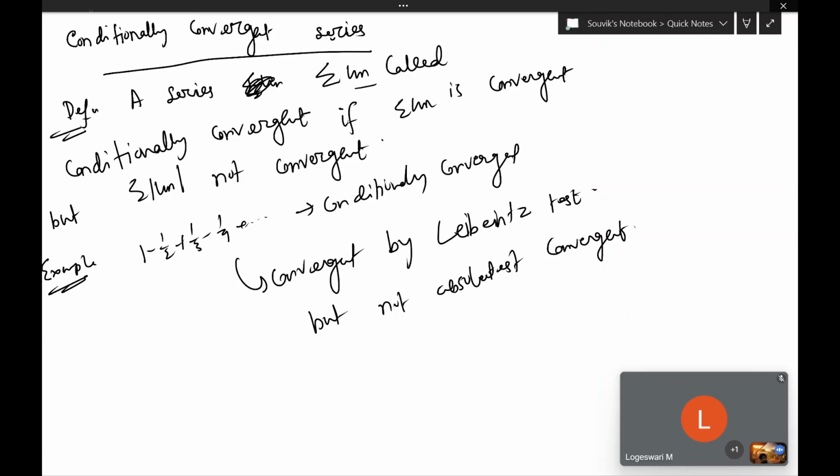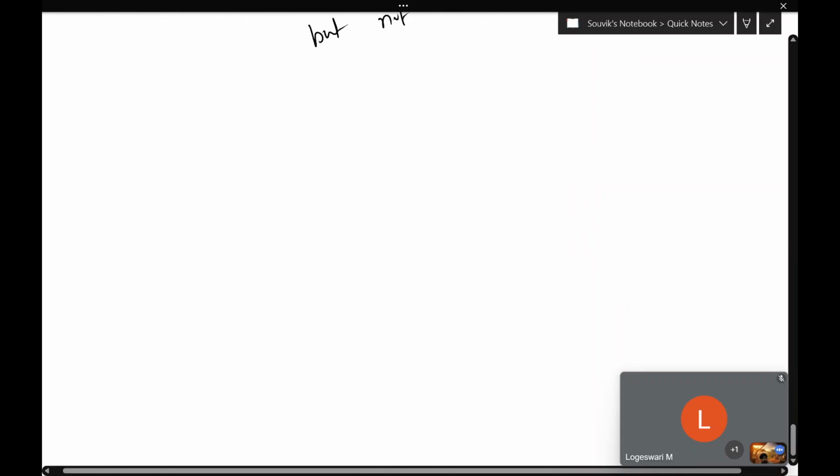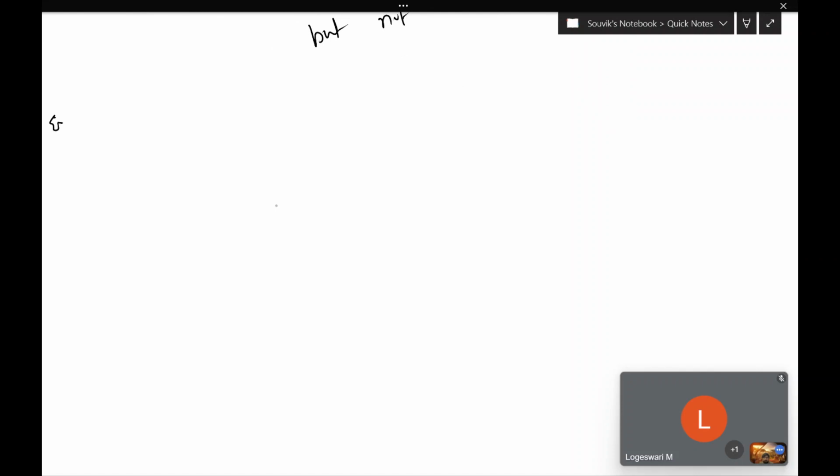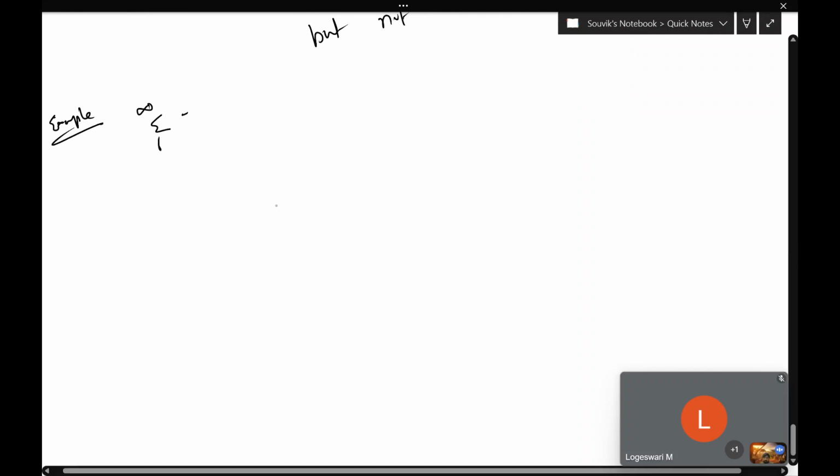So another example of conditional convergence is the summation from 1 to infinity of (-1)^(n+1) by 1 by (2n minus 1).